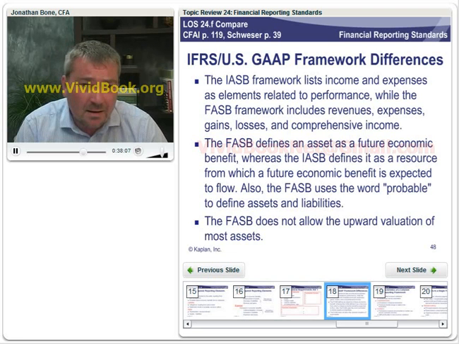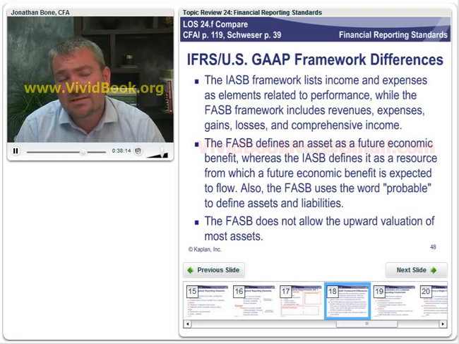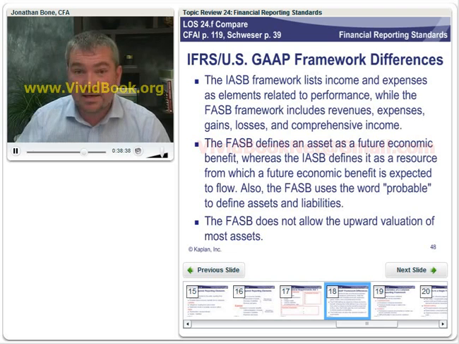There are exceptions to this rule under US GAAP, in particular financial instruments such as available for sale and trading securities that we're going to encounter in a later reading, and also any assets that are hedged using derivatives are essentially marked to market in the balance sheet, i.e. recorded at their fair value and therefore are allowed to be revalued. But US GAAP does not typically allow you to revalue your plant, property and equipment and intangibles. International accounting standards does.